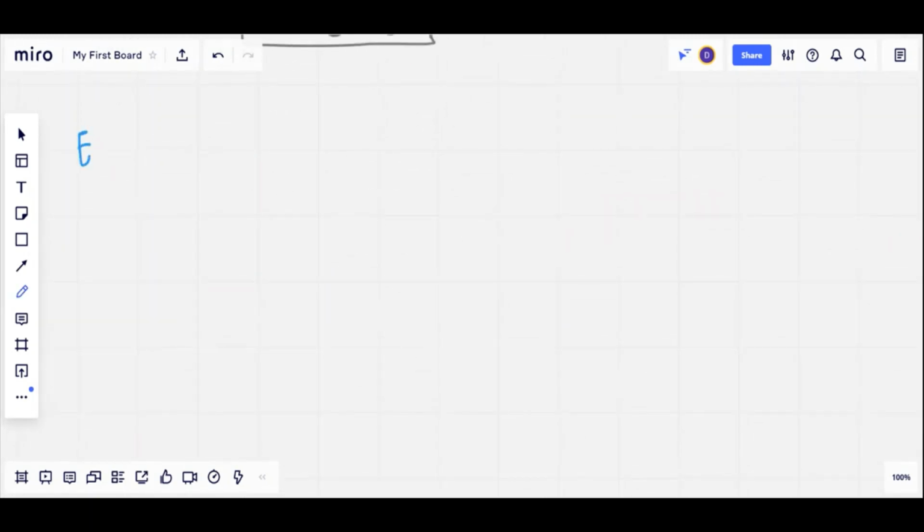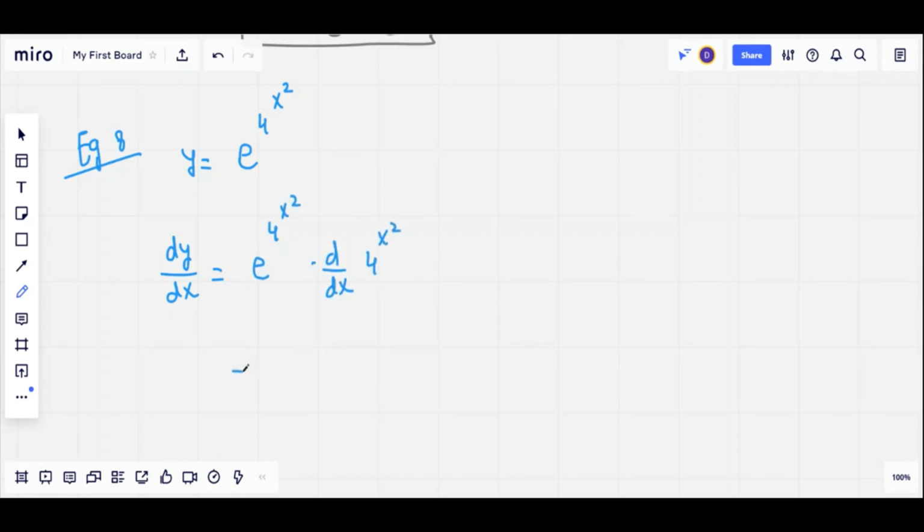So we have example number 8. This one says that y is e raised to the power 4 raised to the power x square. We need to find the derivative. So when we do the derivative, we have e raised to the power something times d over dx of power, which is 4 raised to the power x square.